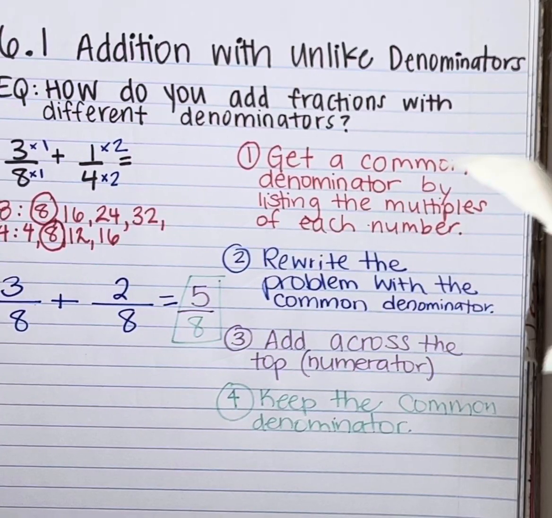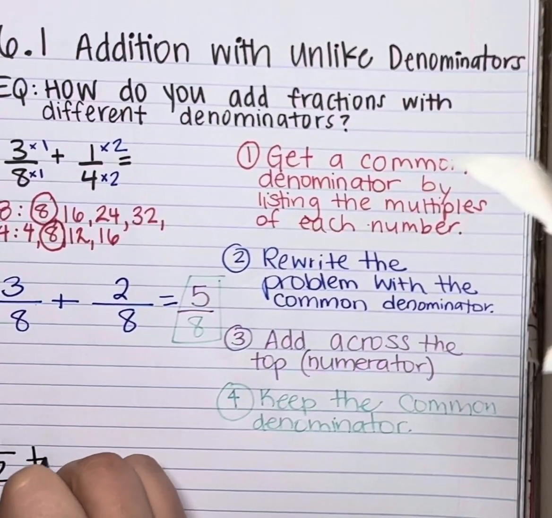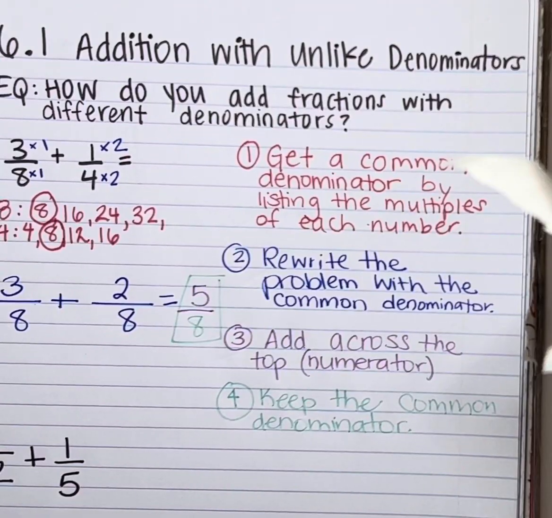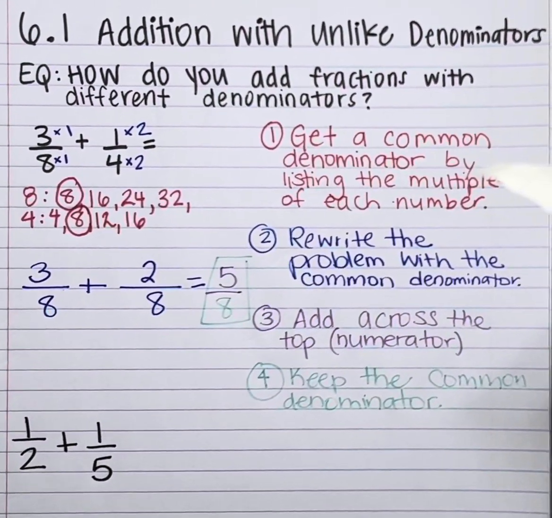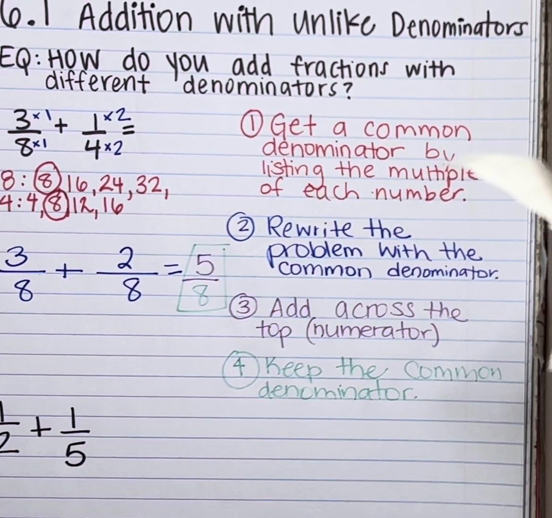Let's try another one. We're going to follow those same steps we just went over. The new problem is 1/2 plus 1/5. Okay, step 1 says, can't see the 1/2. There we go. Step 1 says that we need to get a common denominator.